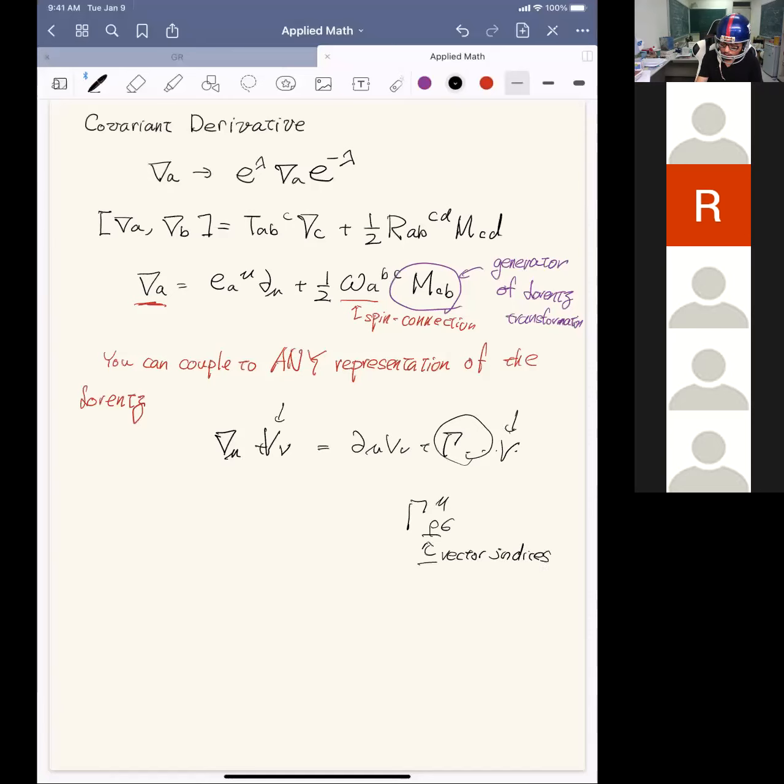In the differential geometry way of formulating things, you only know how to write the action of the covariant derivative on vector-based representations. What are vector-based representations? You can have a vector, a tensor, higher rank tensors and so forth, but these are just tensor products of the vector representation.